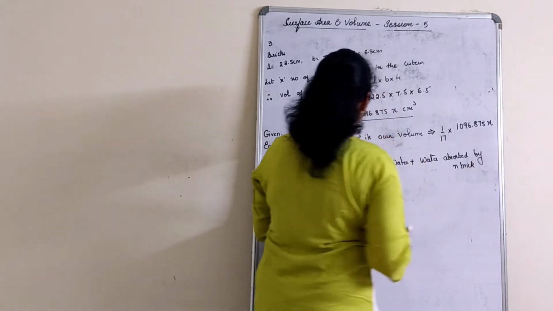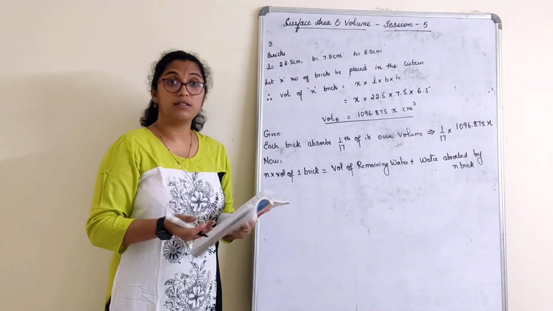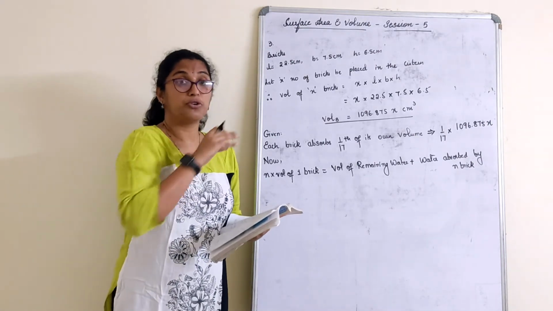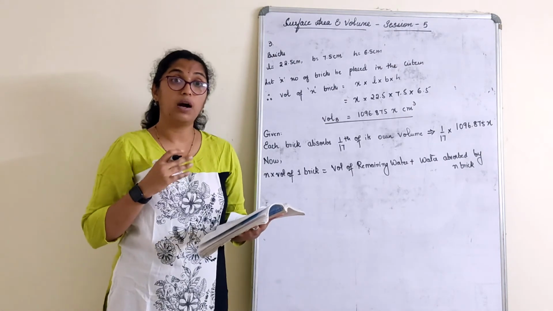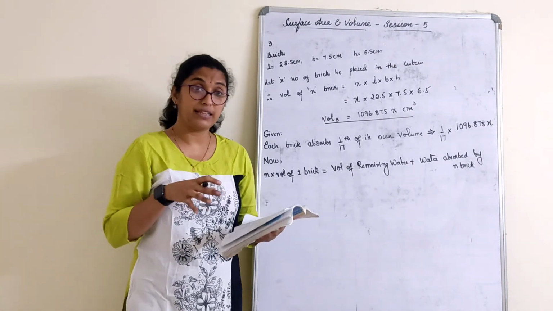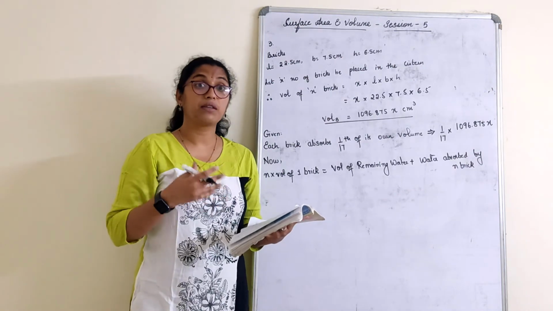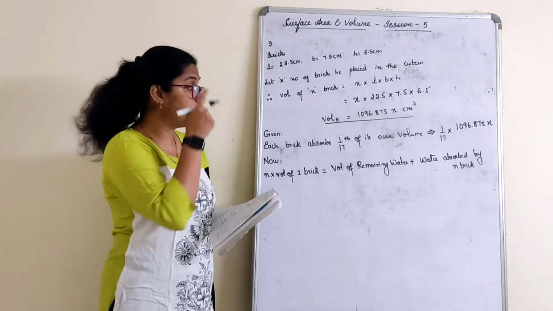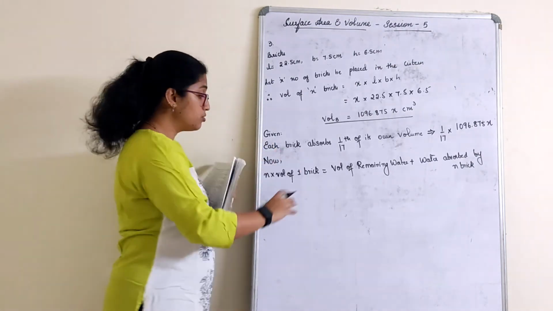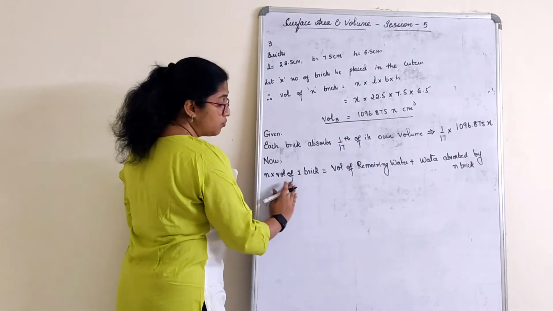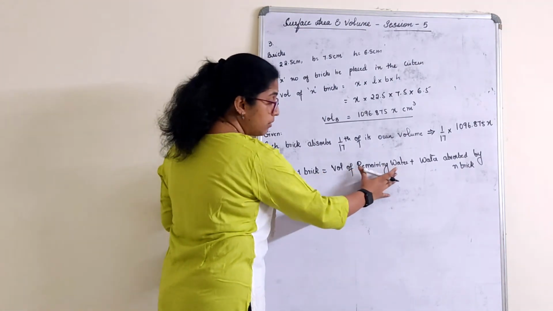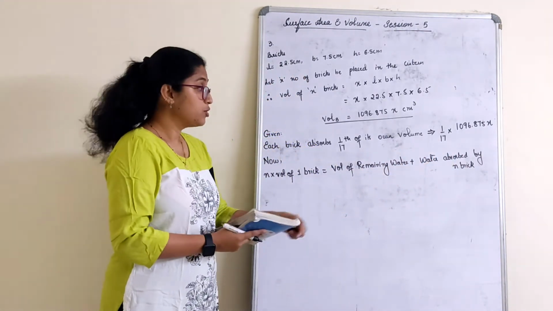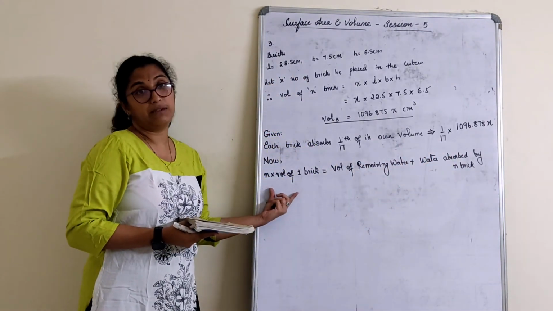See, now our last thing is to fill the cistern. How do we have to fill the cistern? Full? No. The cistern is already filled with some amount of water. That we know how much. The remaining has to be filled. How does it have to be filled? Filled in such a way that I need to dip the bricks. How many bricks? N number of bricks, such that each brick will absorb 1/17 of its own volume. So n into volume of one brick is equal to the volume of the remaining water plus water absorbed by the bricks. So if I add these two, I will get how many here?